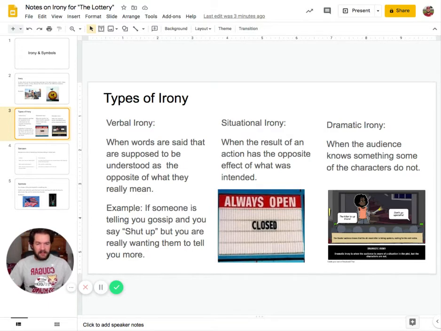The second version of irony in literature is situational. That's when somebody does something in a story, but what happens is the opposite of what was supposed to happen. So, for instance, in the play Romeo and Juliet, which you will read later on this semester, there's characters that do things. One of the characters is trying to bring a family together, and he does that by getting some people married.